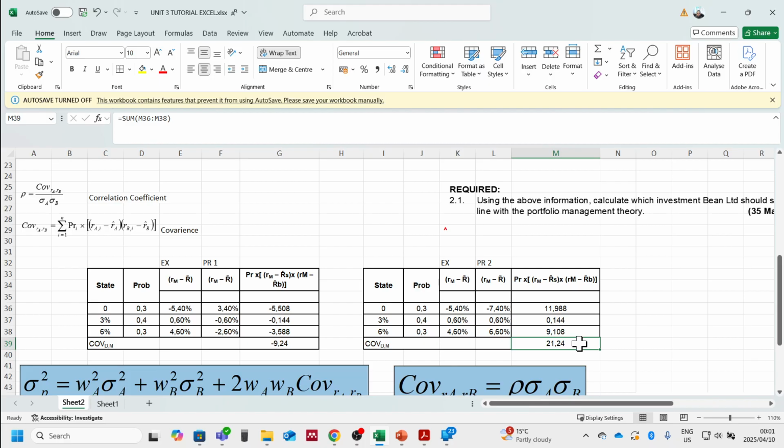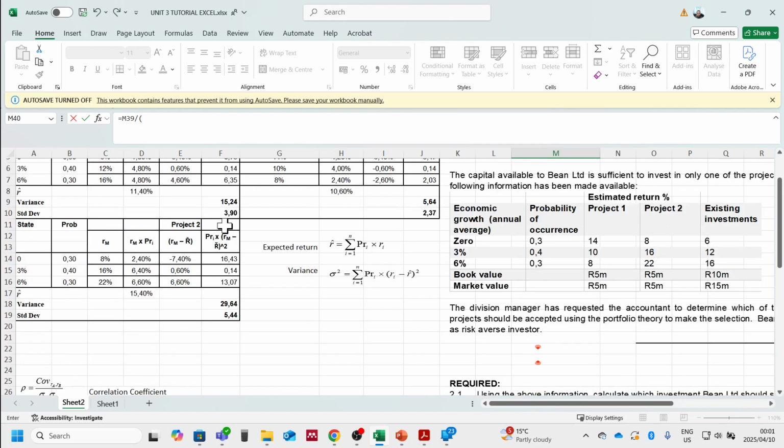This also means that when we calculate the correlation coefficient, they are going to be positively related. But how positively related? We are then going to say that this is going to be the covariance. All of these divide by open brackets, the standard deviation for project 1, so for existing, multiplied by the project 2 standard deviation.